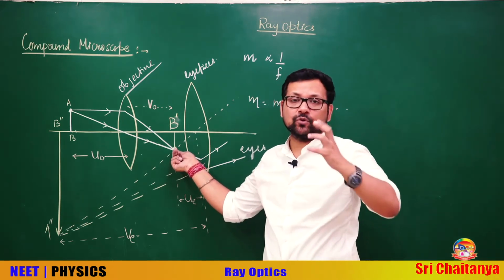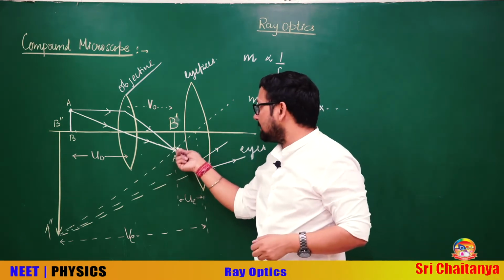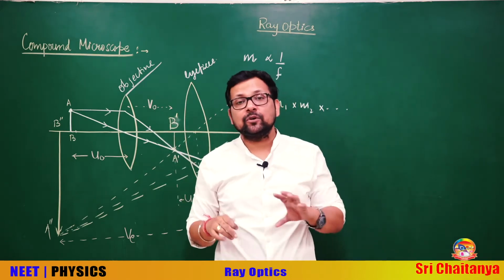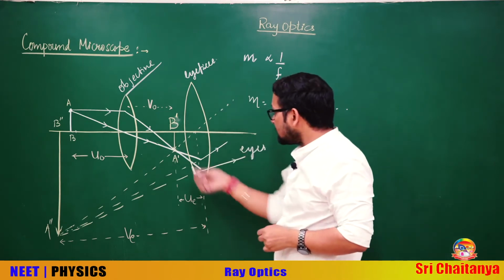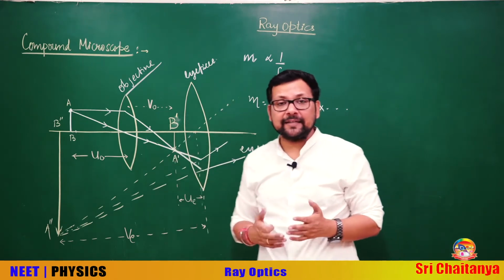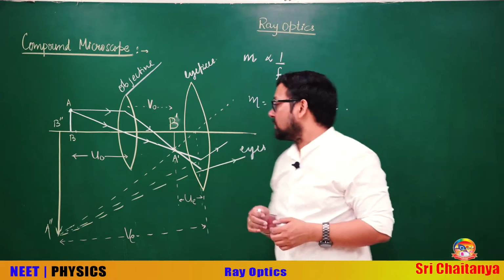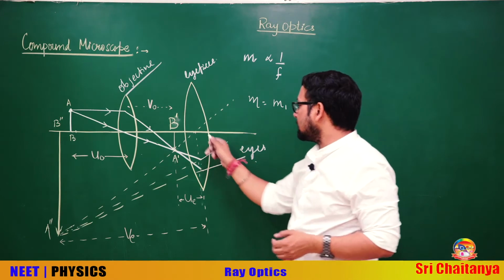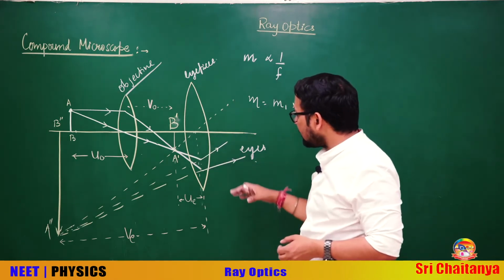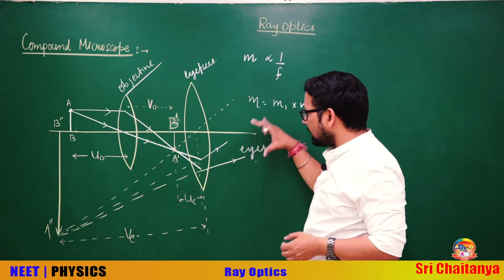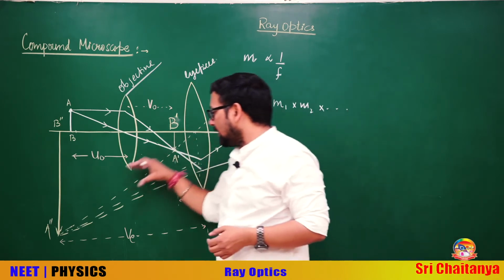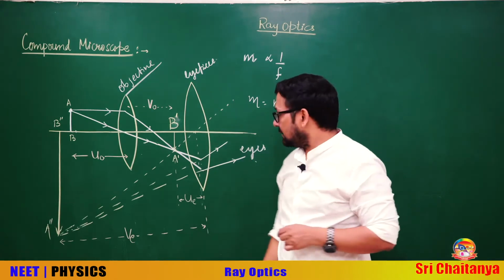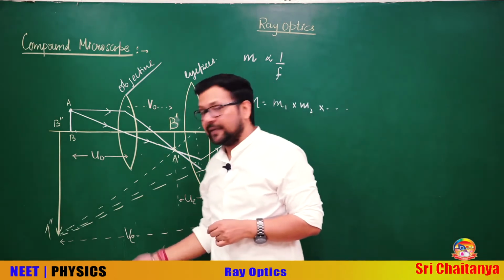This is the image due to the objective, formed at a distance of v0, where 0 denotes the objective. This will act like an object for the eyepiece. Through the eyepiece, from where the rays appear to converge will be the position of the final image that you can see, which is VE.